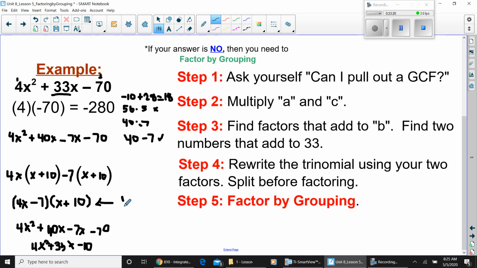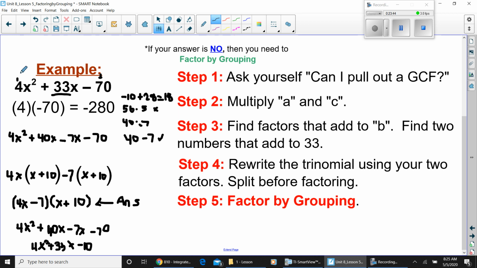You started out wanting to factor something that did not have a greatest common factor. It did not have anything to pull out. So that's exactly why you went to factoring by grouping. So to review the steps, I see an example like this. There is no greatest common factor.